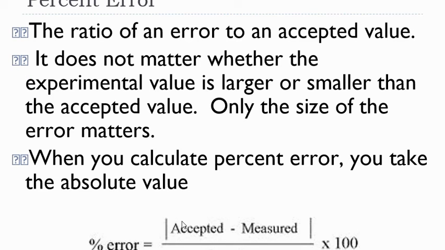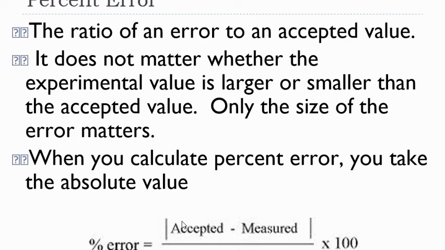So the last thing that we're going to talk about today, and really for this week for the most part, is something called percent error. And percent error tells us how close we are to an accepted value. So this tells us how accurate we are.